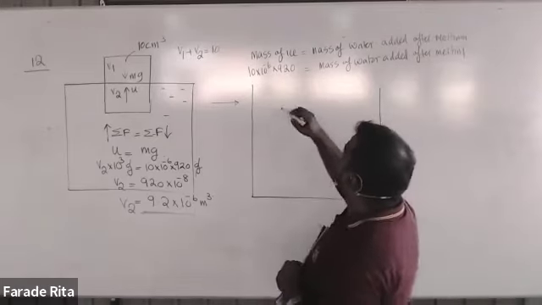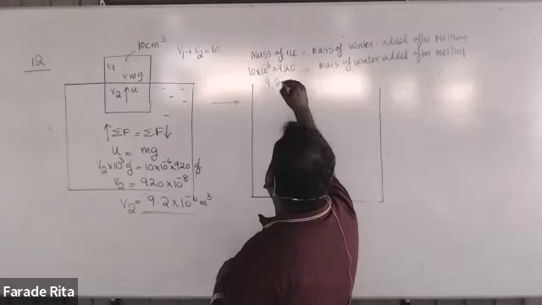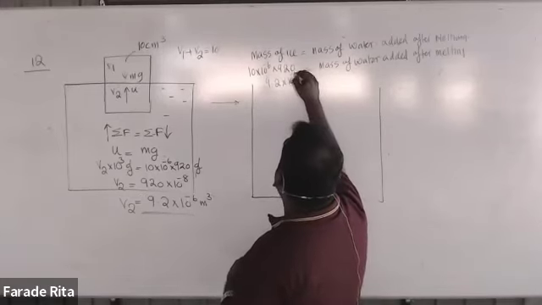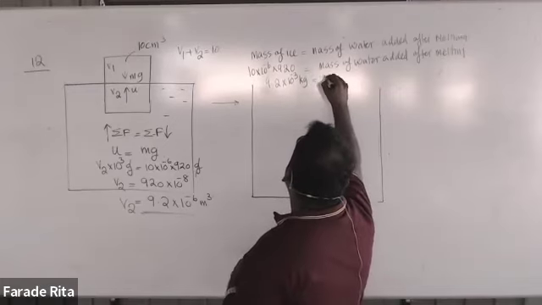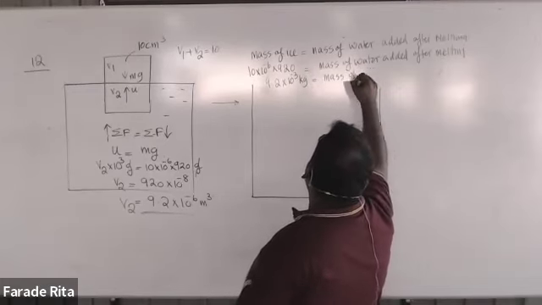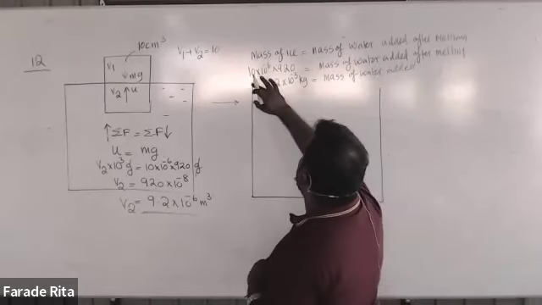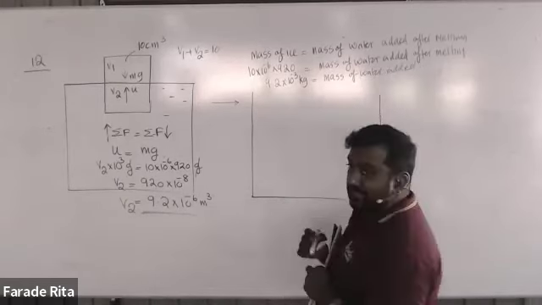So your answer here will be 9.2 times 10 to the power minus 3 kilograms, the mass of water added. Now what are we interested in? Volume of water added.